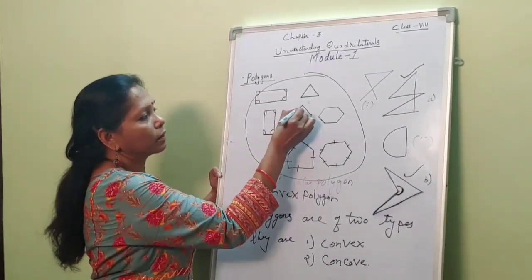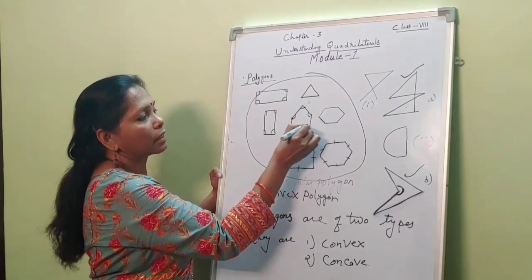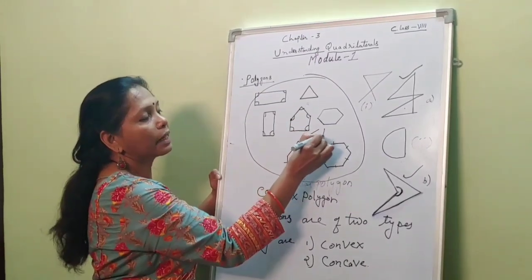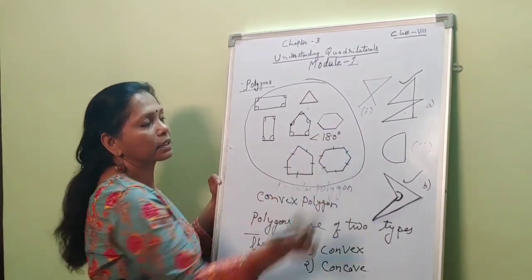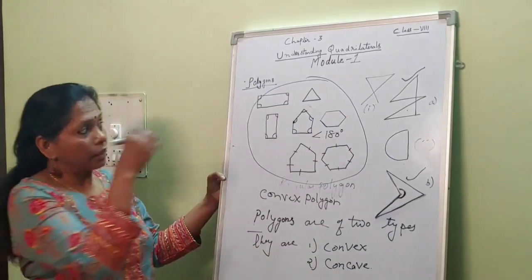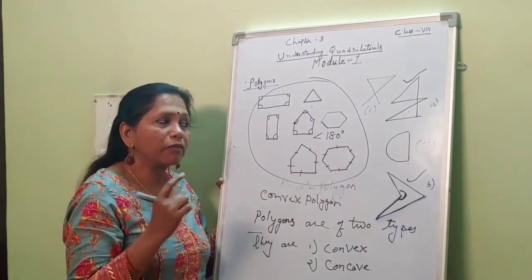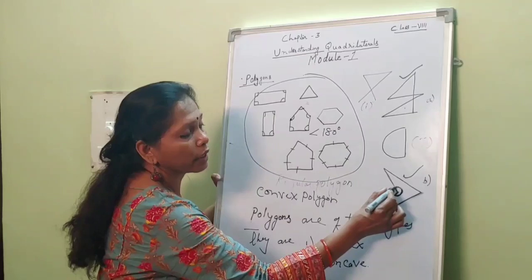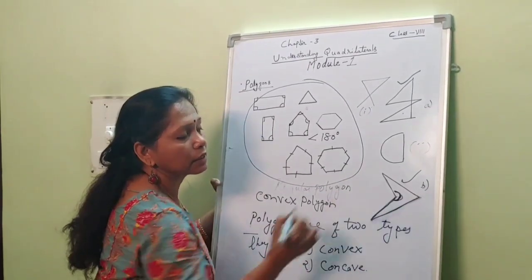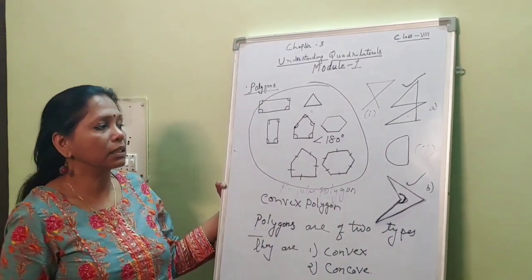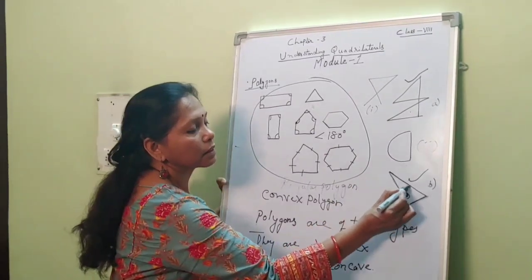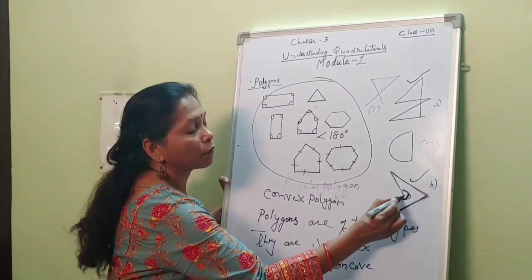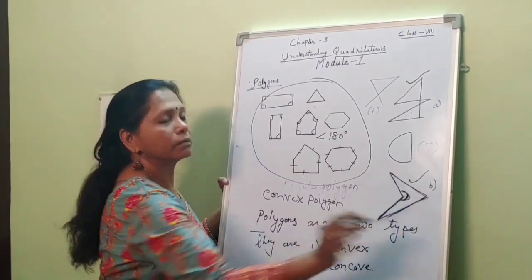Similarly, this one, these angles are all less than 180 degrees. So, in a polygon, if one of the angles or more than one angle is more than 180 degrees, it comes under concave polygon.